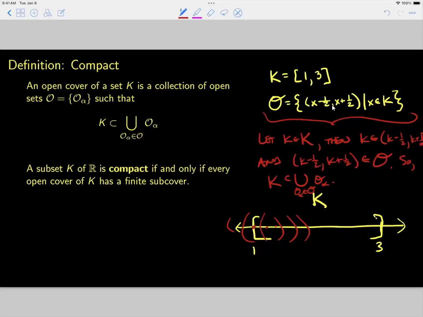All right, so I have a set, I have an open cover.